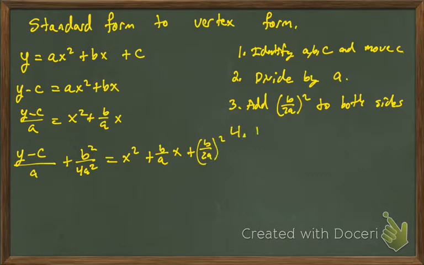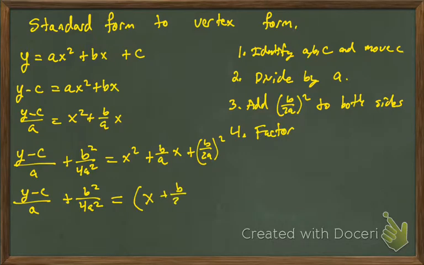Okay. Step 4, we're going to go ahead and factor the right-hand side, and we'll leave the left-hand side alone. So then we're going to have x plus b over 2a quantity squared.